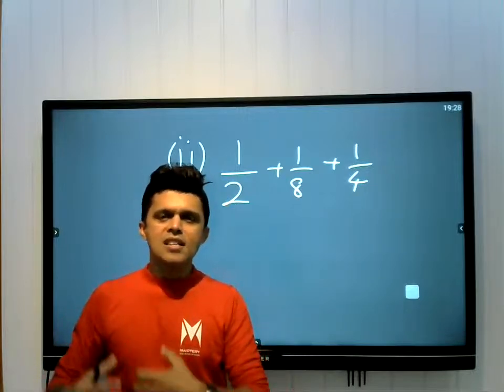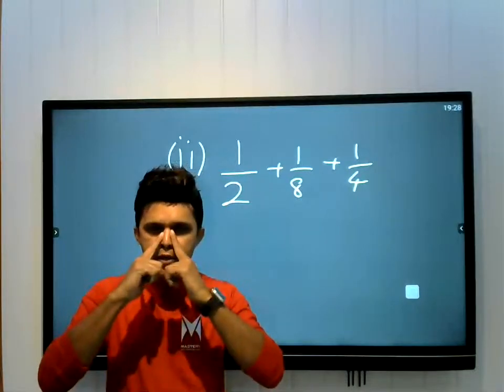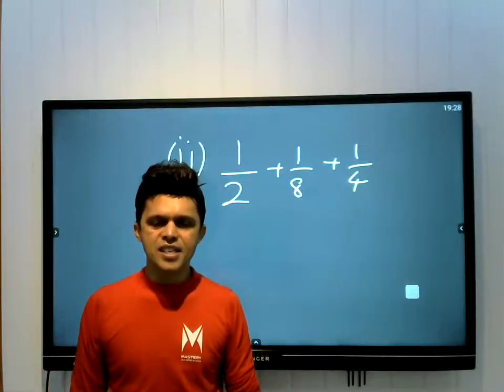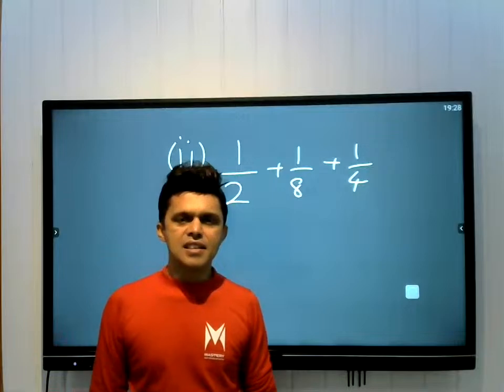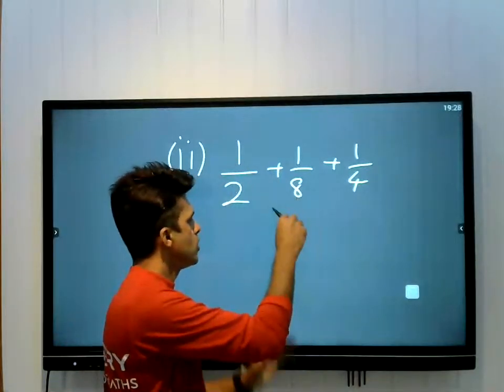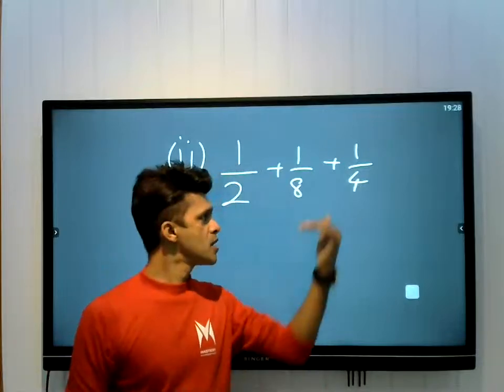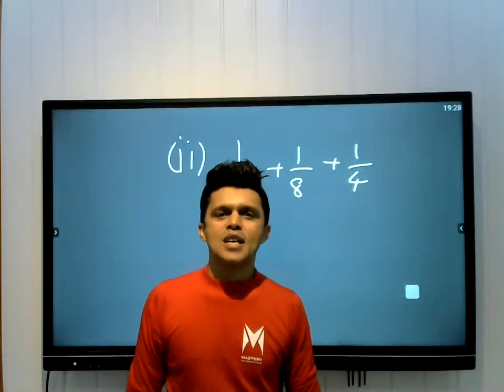To make these denominators equal, what you have to do is think of the greater digit. What is the greater digit found in the denominators? That is 8. So you can convert this 2 into 8, as well as convert this 4 into 8. How can you do that?